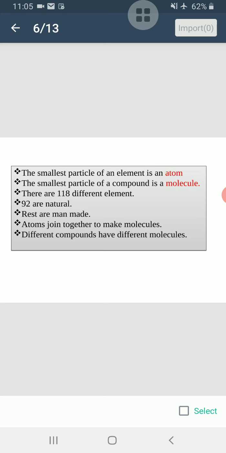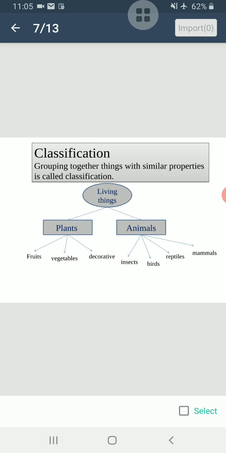So now we will do the classification. Grouping together things with similar properties is known as classification. The things we see all around us, in what way they are alike and how they are different from each other, that is classification.